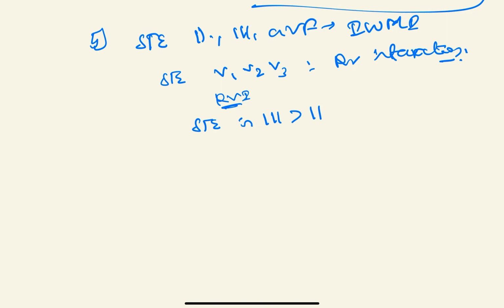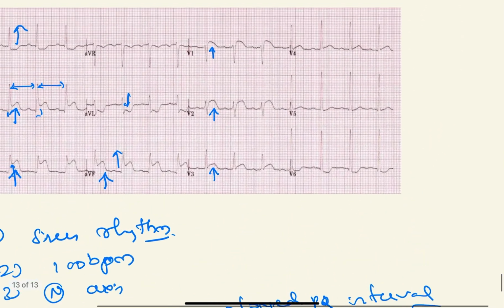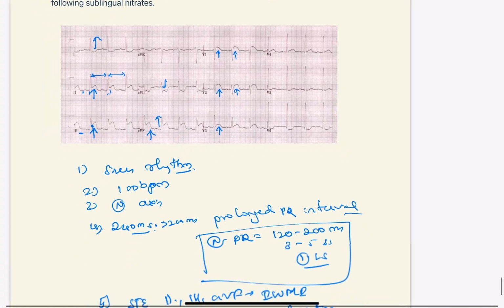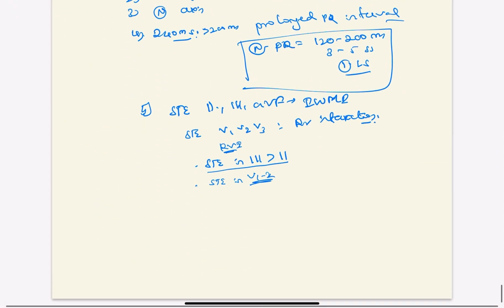And one more point is ST elevation in V1 and V2. These leads are suggestive of right ventricular infarction.